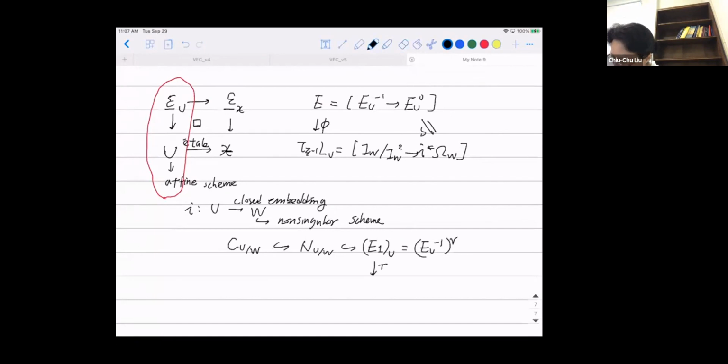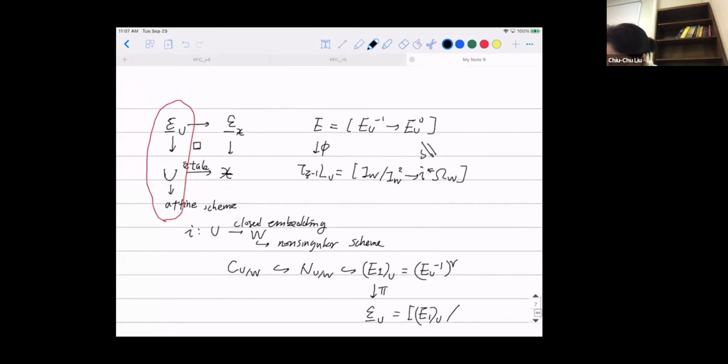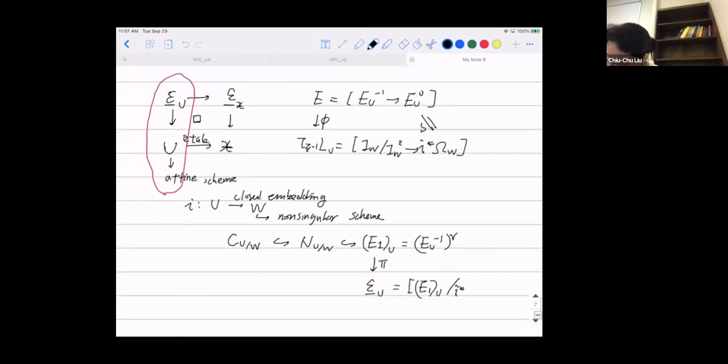This will be a smooth cover of this, because this is the quotient of E_1 over U by the action of the restriction of the tangent bundle.